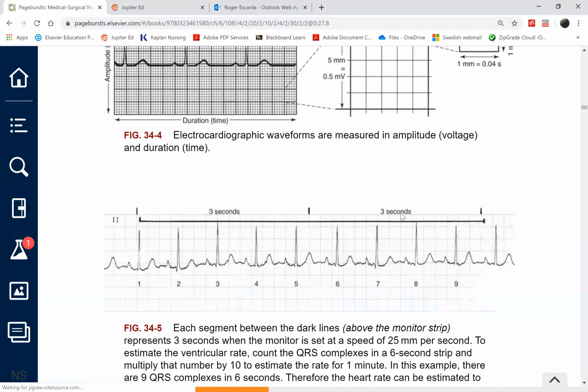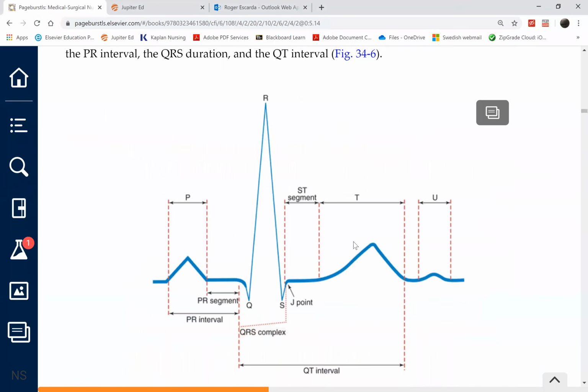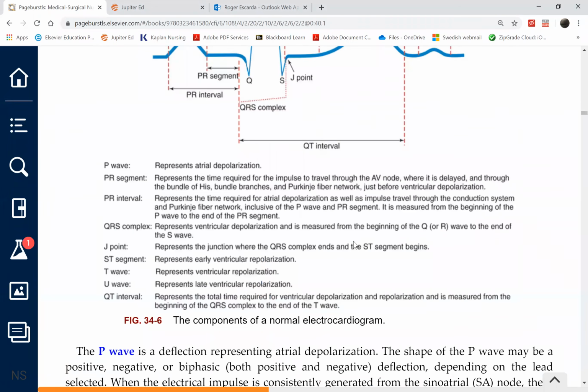All right, so there are steps in interpreting a rhythm. But before that, let's look at the measurements first.